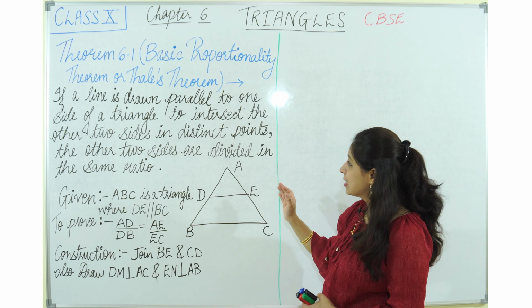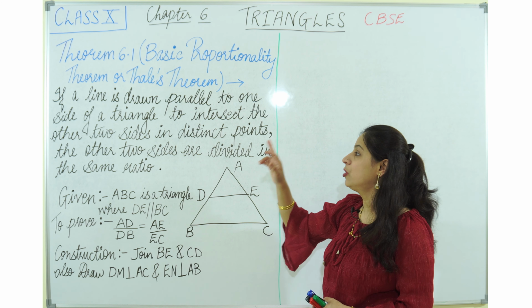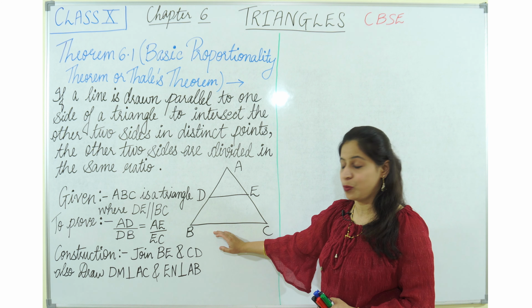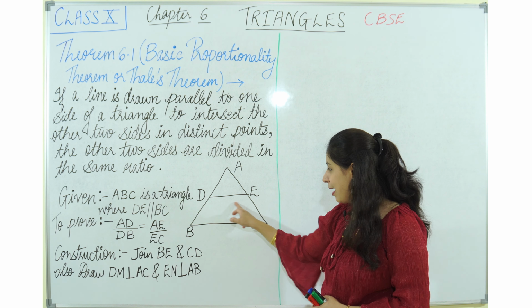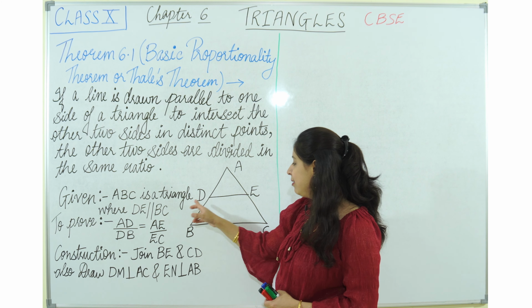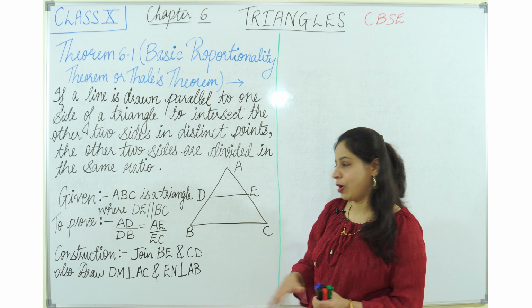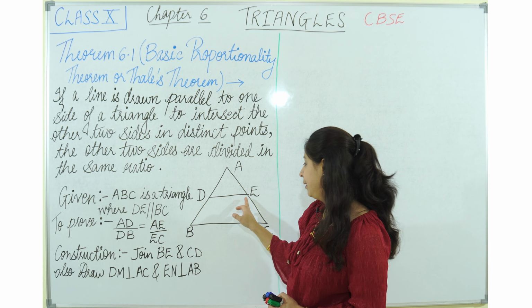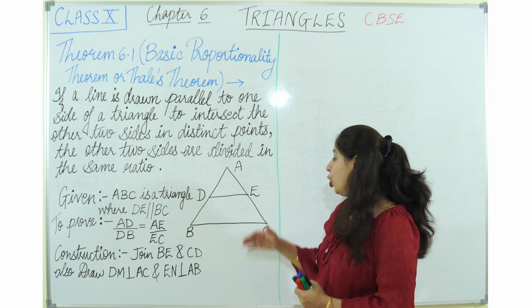It means that if a line is drawn parallel to a side of a triangle, here taken as BC, such that it intersects the other two sides of the triangle at D and E respectively.